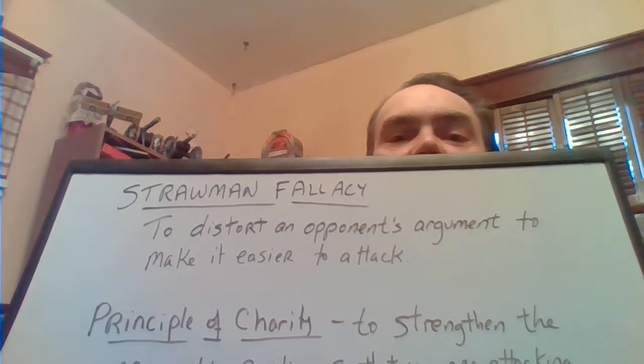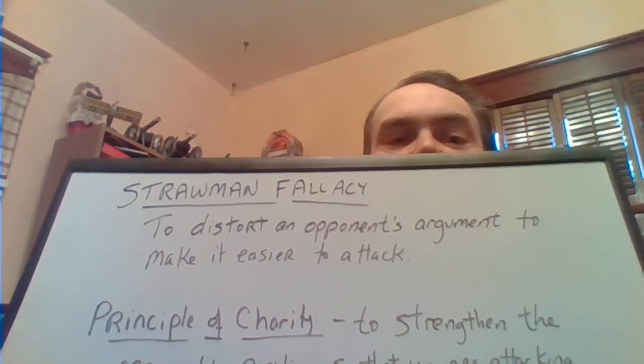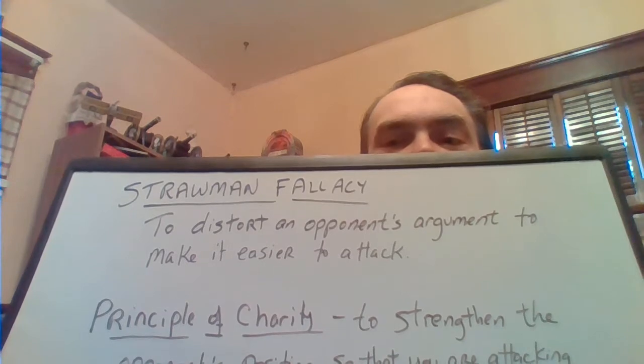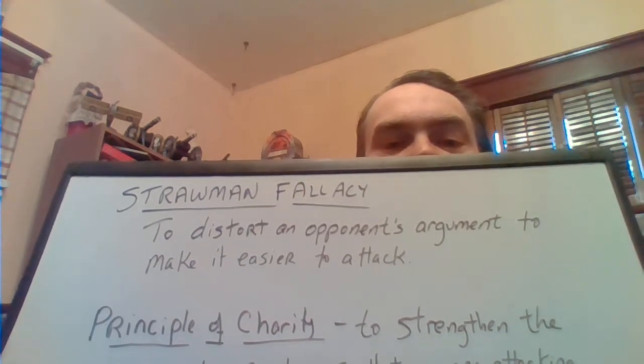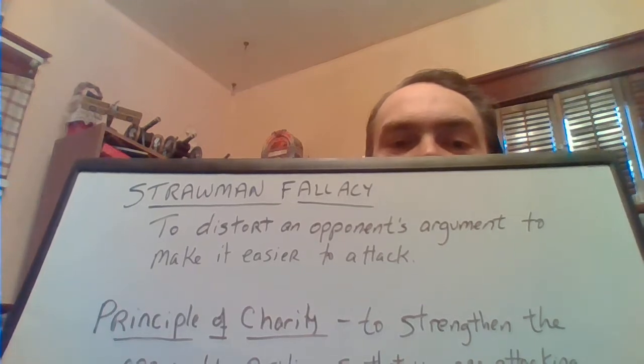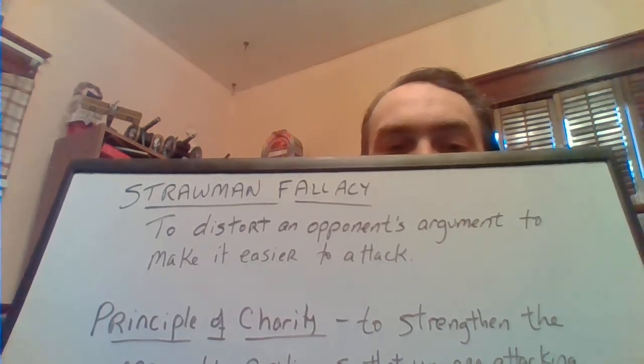So the idea behind the straw man fallacy is that you have your opponent, they've come up with an argument and you want to refute their position. The problem is that in trying to do so, maybe their argument is too good. Maybe you can't find flaws or faults with it.